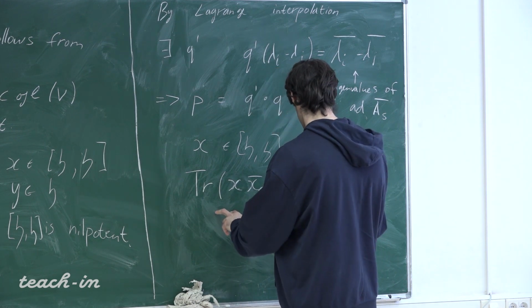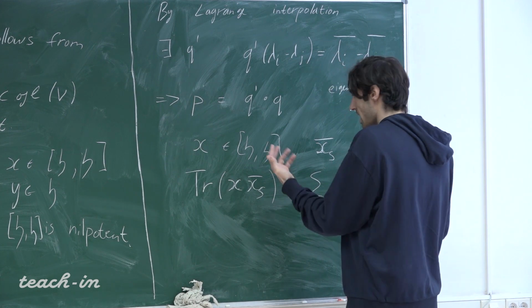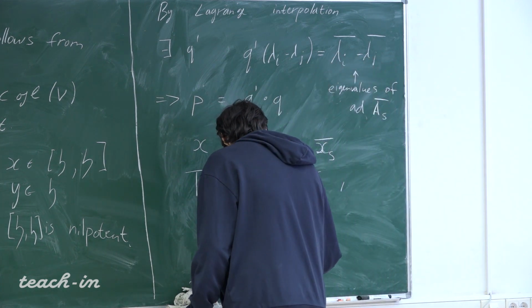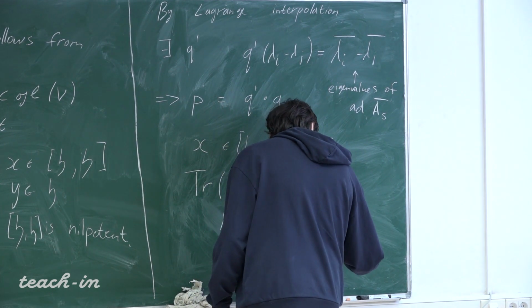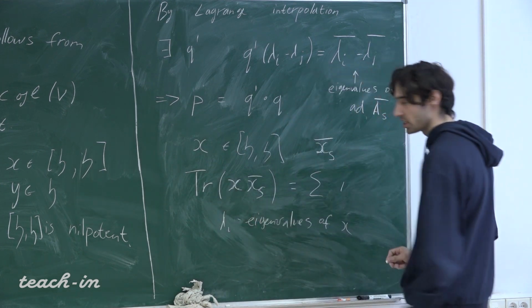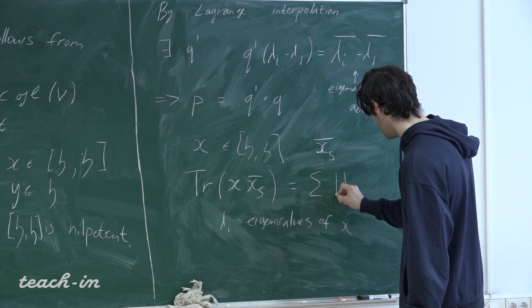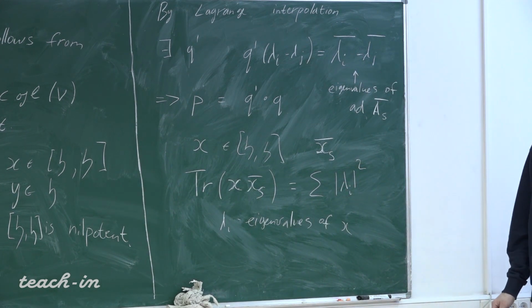So this is just sum. So let lambda i's be the eigenvalues of X. Then this trace is sum over squares of absolute values of lambda i's.